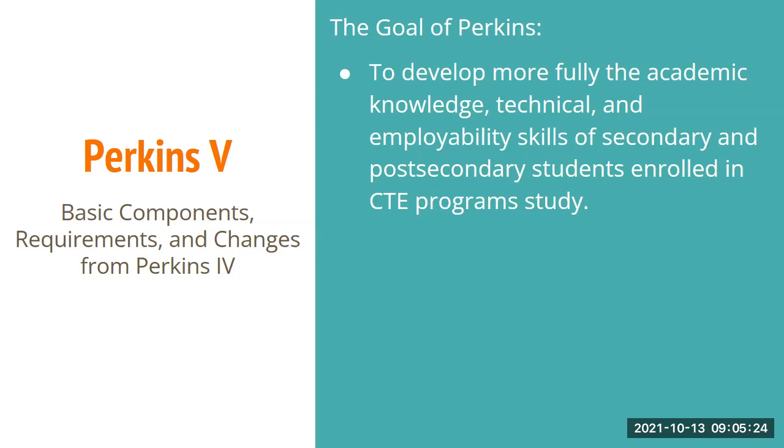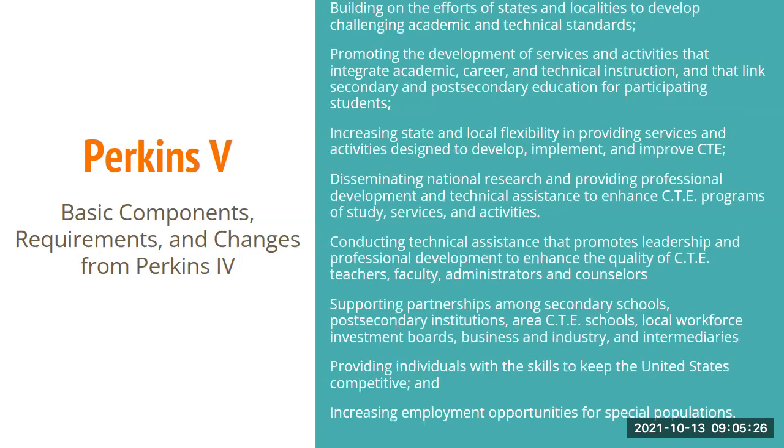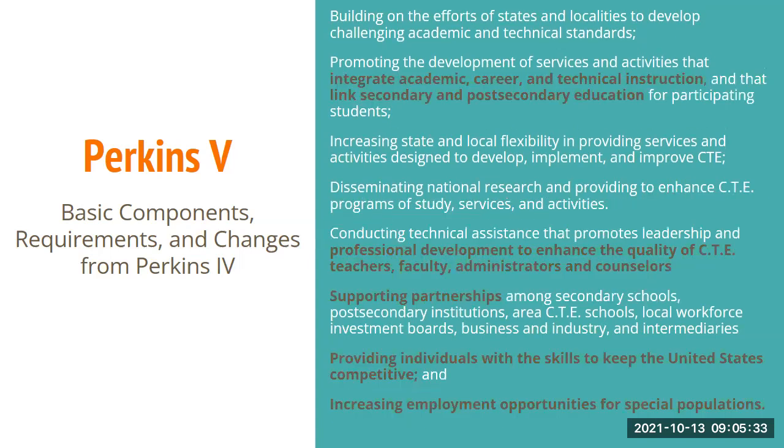Perkins does this in a variety of ways. Formally speaking, these are all the ways. I'm not going to read this slide, but I did want to call out a couple of key elements. So first, it's the integration of academic, career, and technical instruction, and the link between secondary and post-secondary. This is a big part of how Perkins funds are utilized.